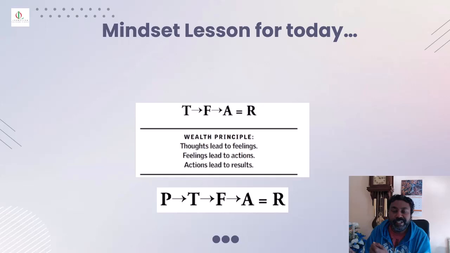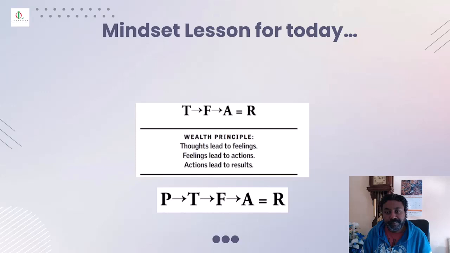So A stands for action. All these three, the actions, will take you to the results that you are after. That means your positive results. So always stay positive and think positive, and immediately your brain will be thinking only positive vibes and positive modes. And to be really successful, put in TFAR. Through the feelings, through the actions, you get the end result. So TFAR, you have to remember that.